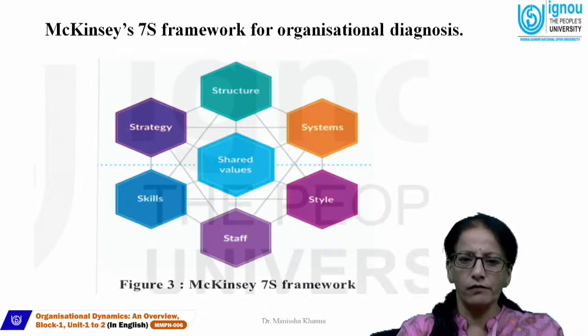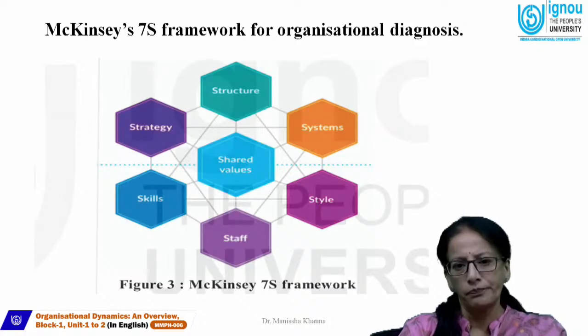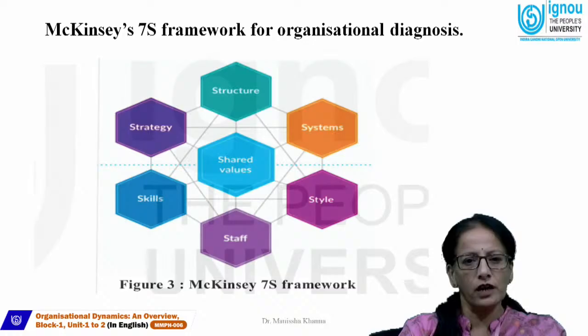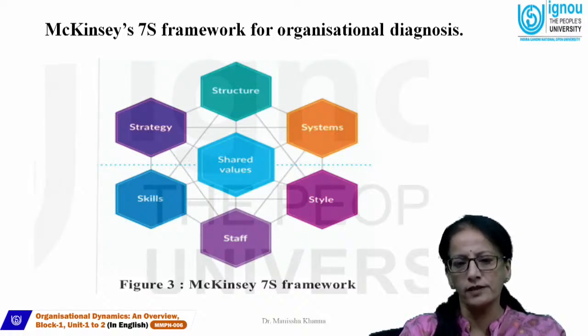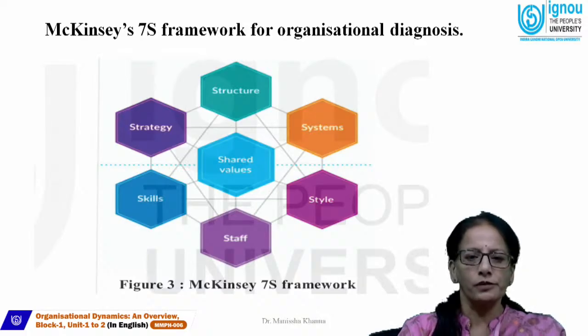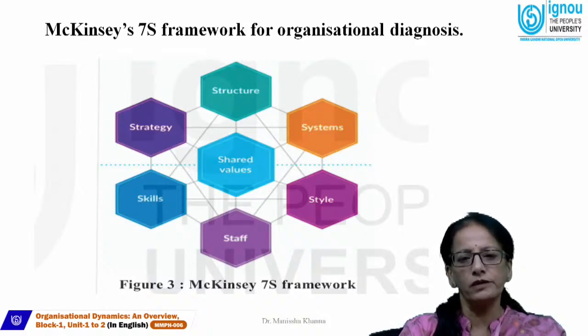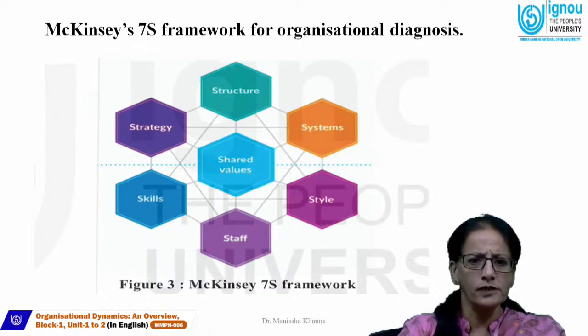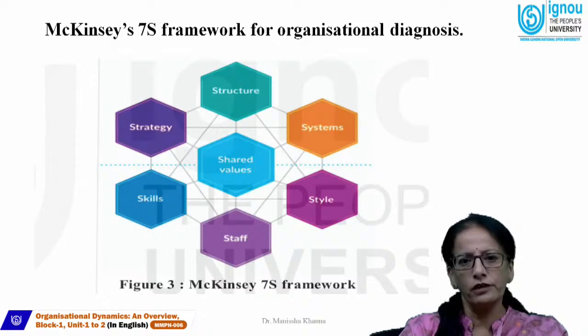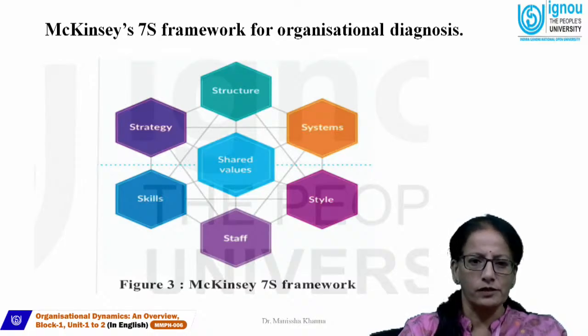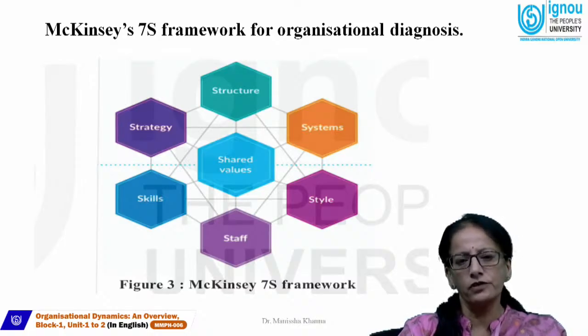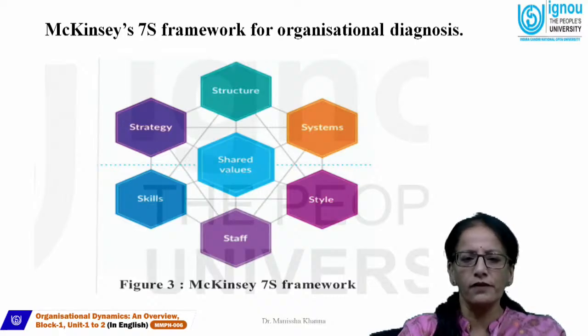The McKinsey 7S framework gives the 7S, that is 3 soft S and 3 hard S, and there is one common S, that is shared values, which is given in the center of this diagram, whereas the 3 hard S are strategy, structure and systems, and the soft S are skills, staff and style.